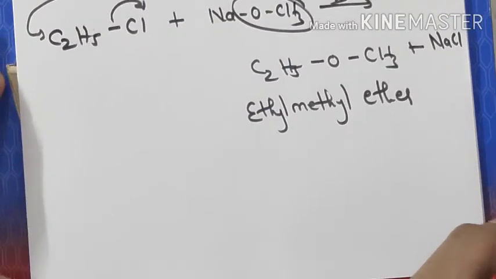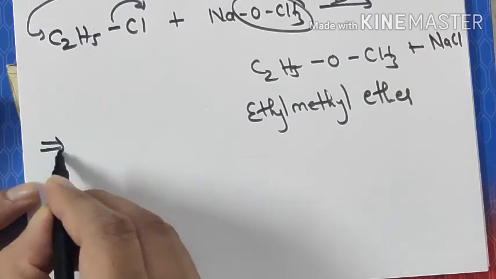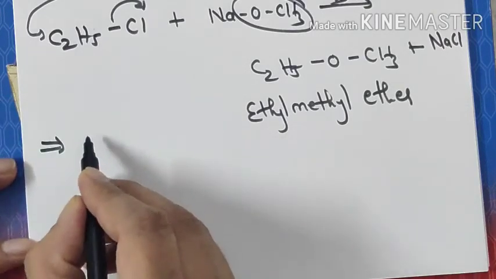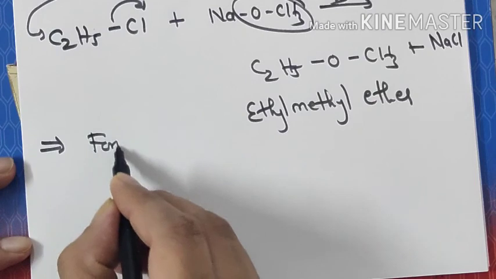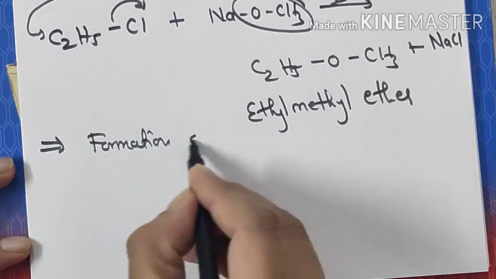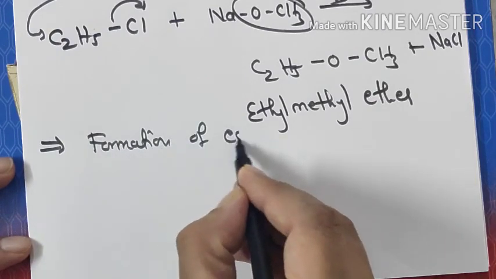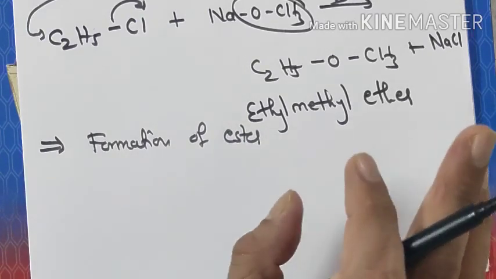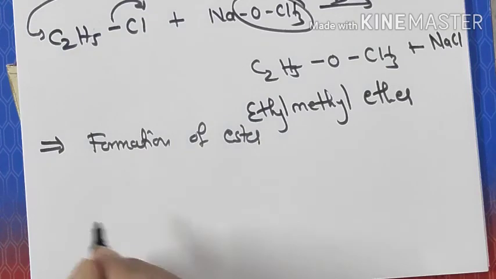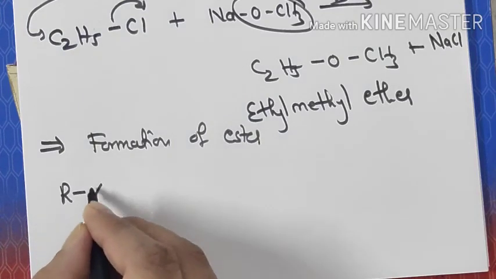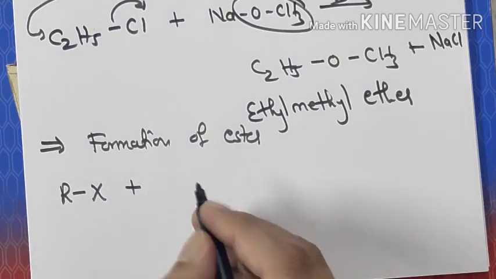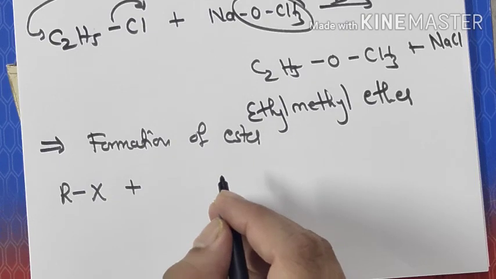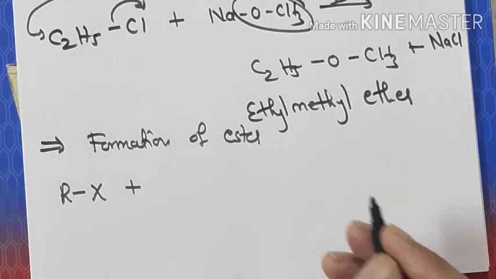In the same manner there is the formation of ester. Now when this reaction takes place, I treat alkyl halide with the silver salt of a carboxylic acid.